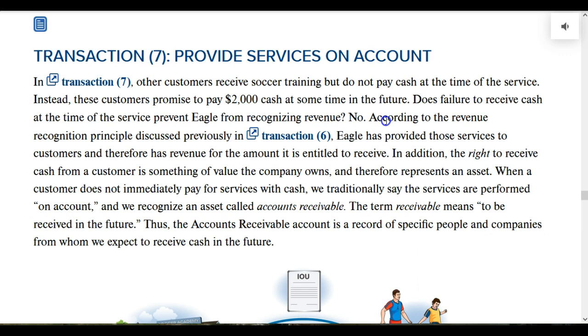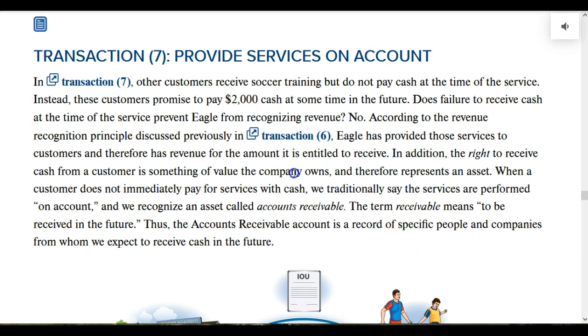We don't have the cash today, but an activity has occurred, an external transaction has occurred. We provided services. We've earned that money. They are going to pay us later. So how do we record something where our customers or clients owe us money?